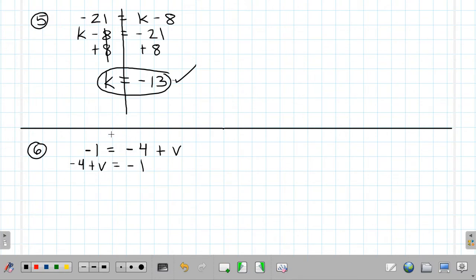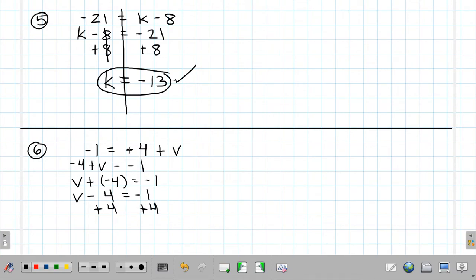So all I did was flip across the equal sign, and now I can flip this around and make it like that. And last step, to make it 100% doable like we've done before, write this plus -4 as -4. So once again, v minus 4, that tells us our operation is subtraction. That means we need to add 4.